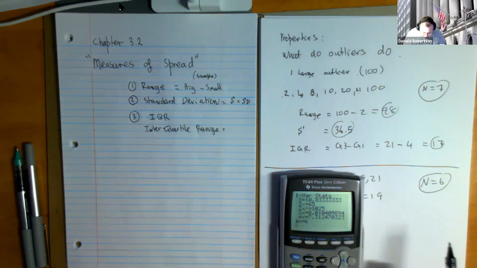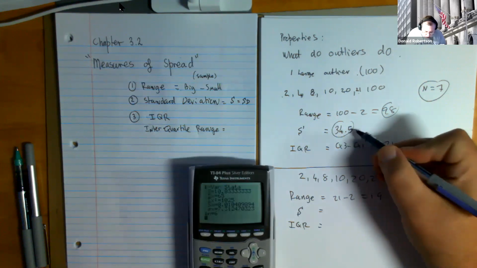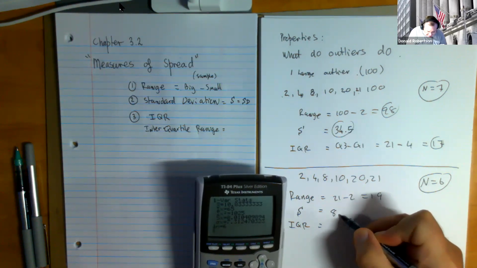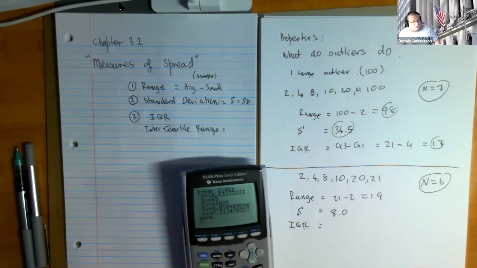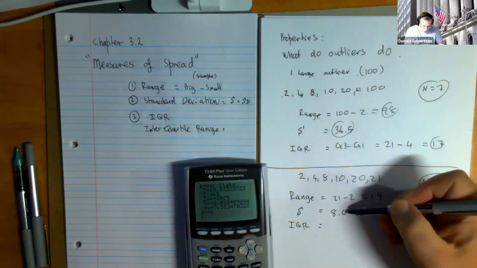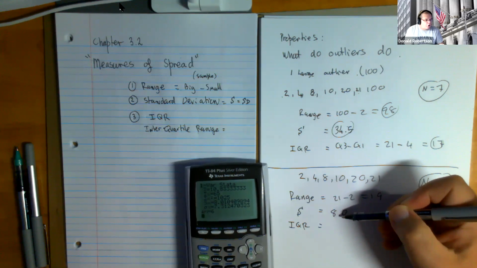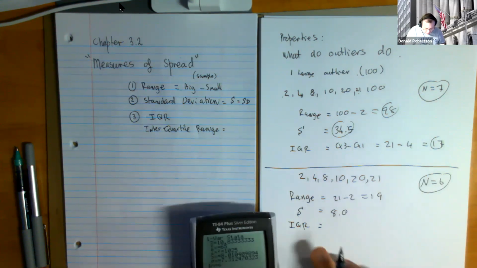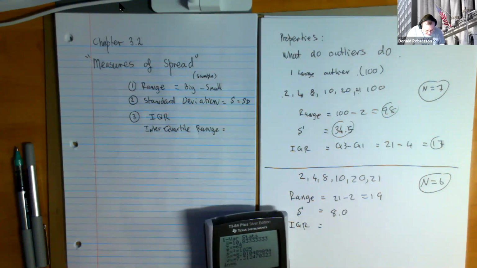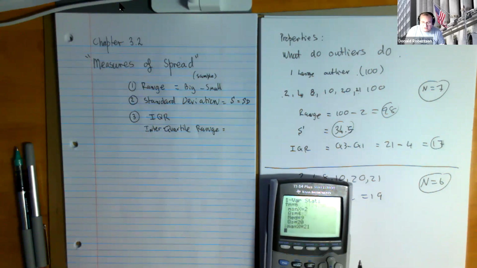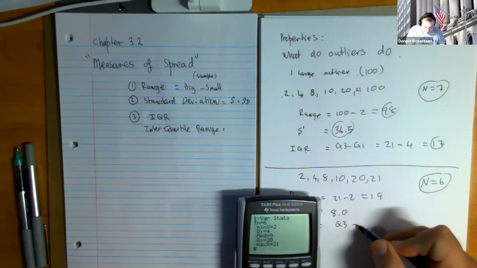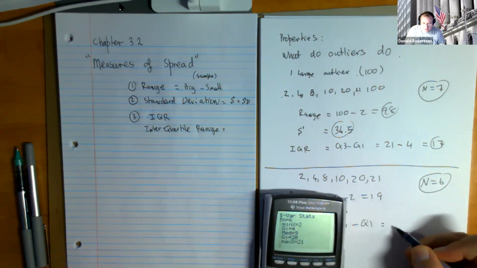And the standard deviation has now gone from 34.5 down to essentially 8.0. Would you agree that's a really big difference? It's like a quarter of its size. Right. Now, what about the interquartile range? Well, if I scroll down this data, the interquartile range, Q3 take away Q1, let's see what we get here.